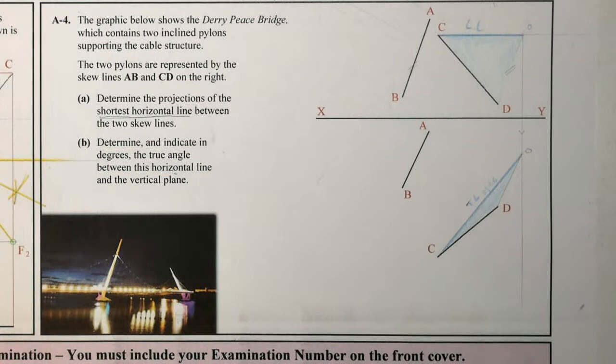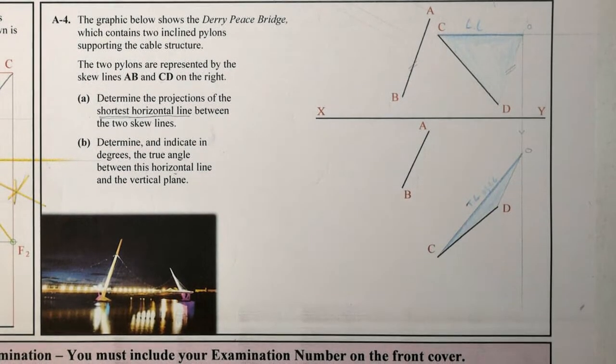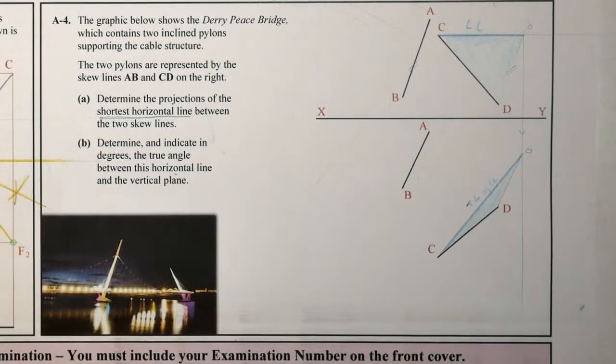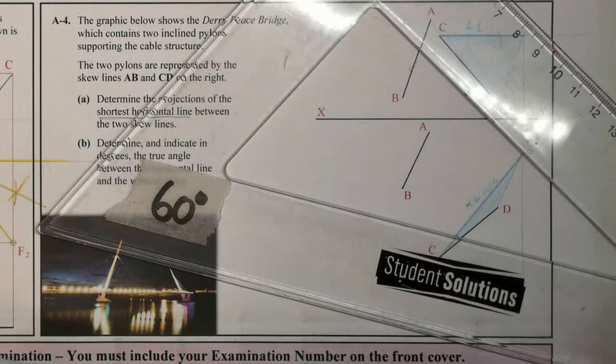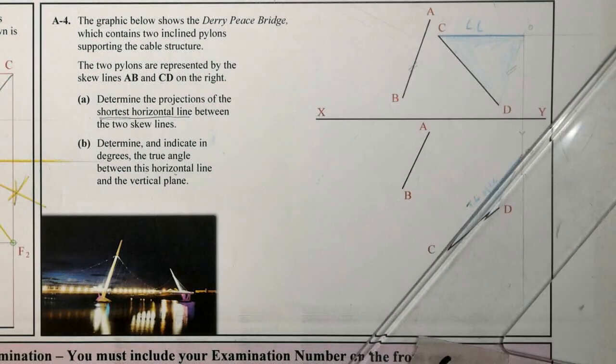Now that I have a true length line, I want to see that line as a point view. In order to see a true length line as a point view, we need to look along that line. So slide set squares again. I'm going to use an auxiliary.